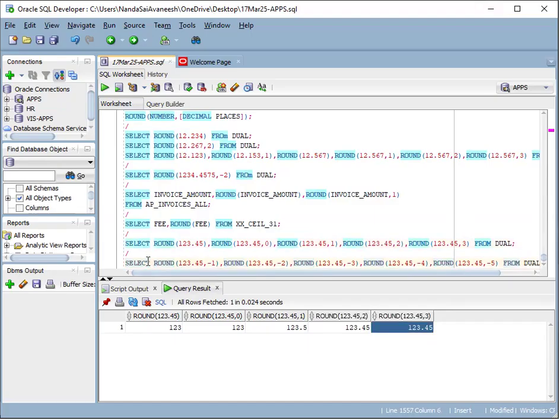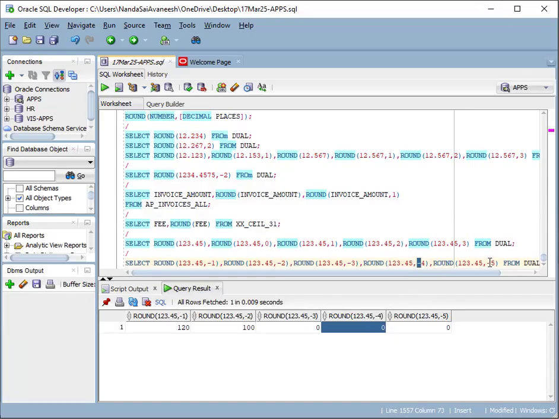But when you use a minus value as the n value, 123.45 comma minus 1 gives 120. Minus 2 gives 100. Minus 3 means 0. Minus 4 also will be 0 because we have only 3 digits here.